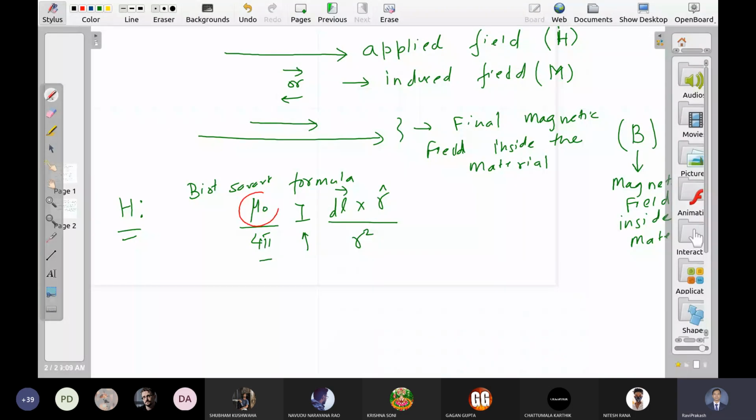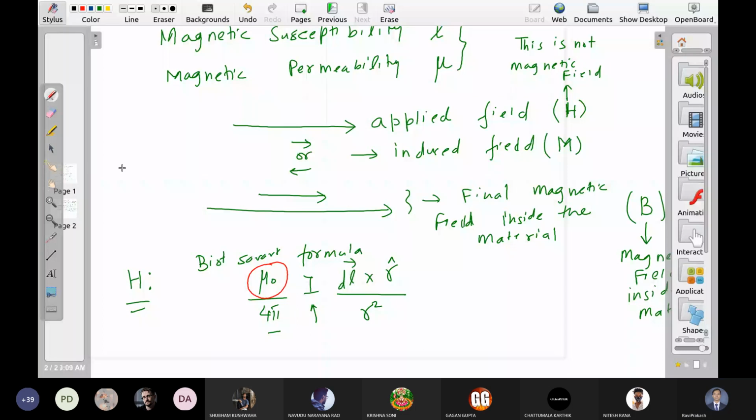It depends on which medium we are using. Now you can see the medium is changing. Outside we have air and here we have material, right? So obviously the magnetic field here will be different. So this quantity has two parts.